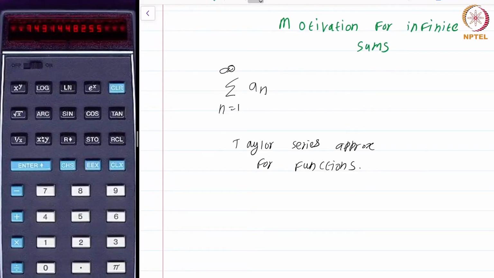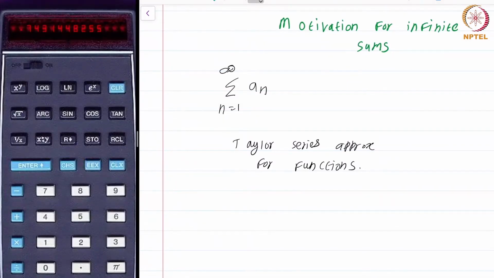So there is a real world application of infinite series, that is to compute the values of familiar functions like sine, cos, tan, log, exponential, etc. And that is done using Taylor series.